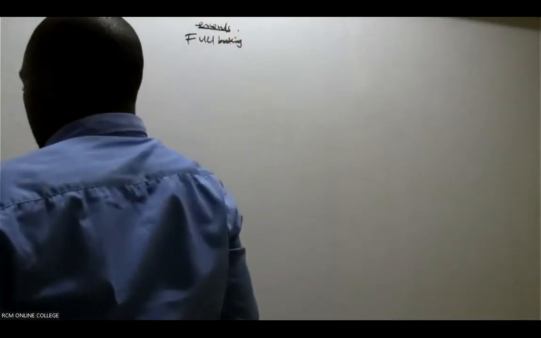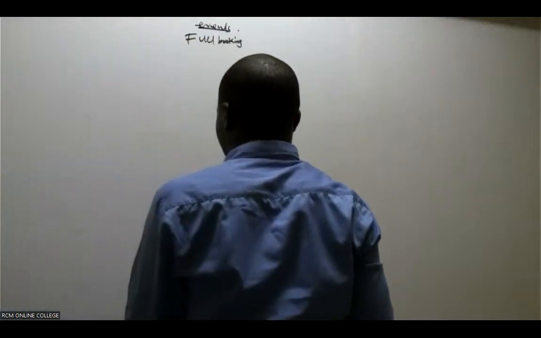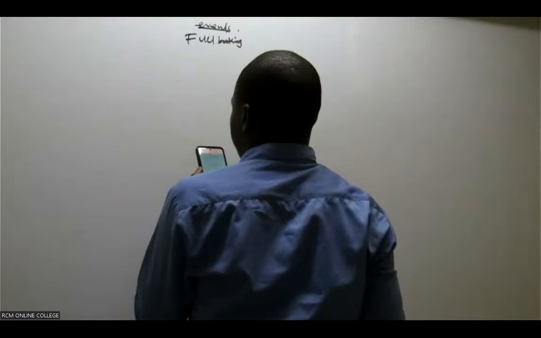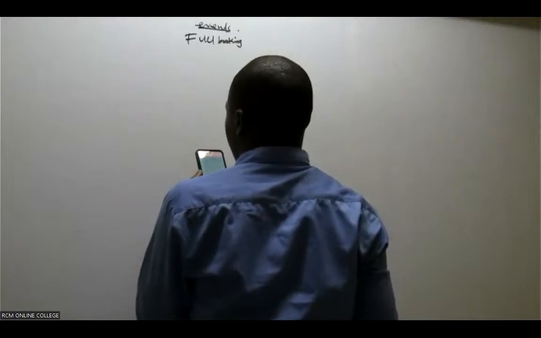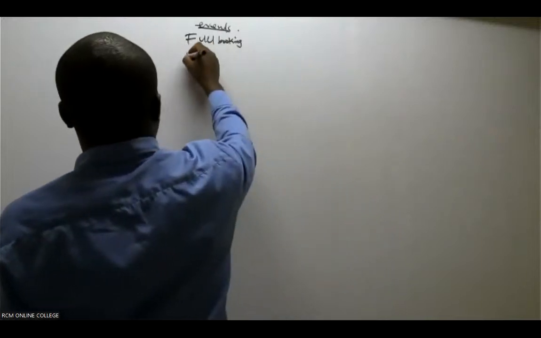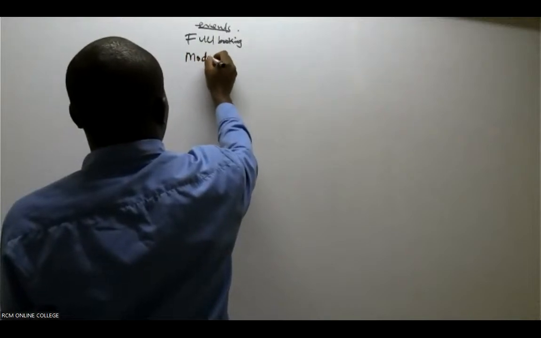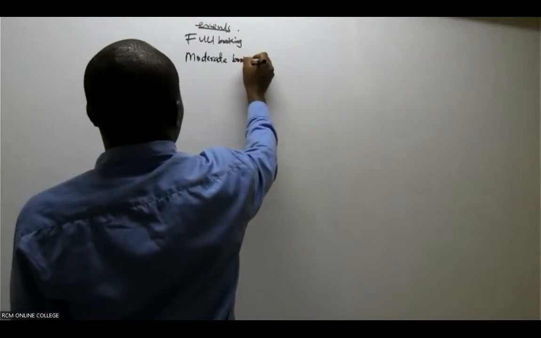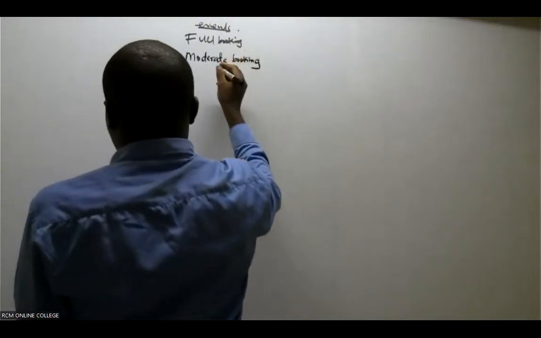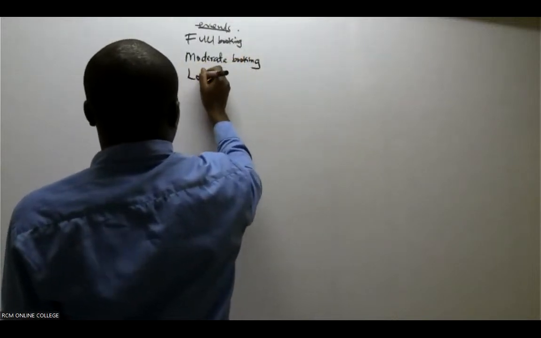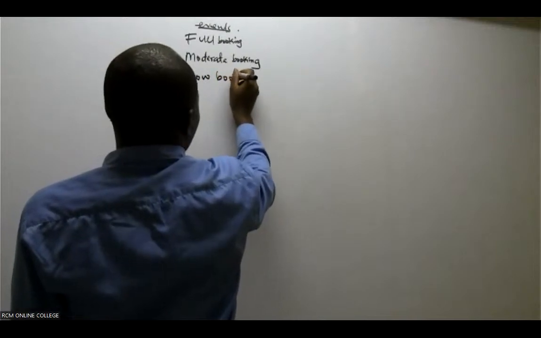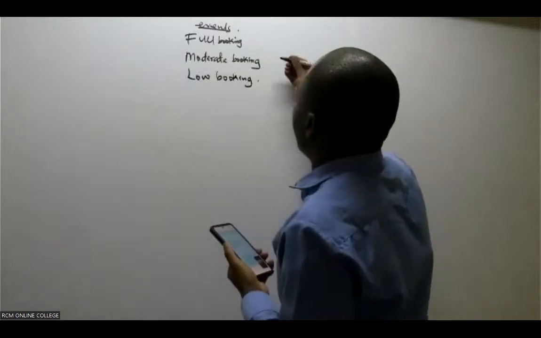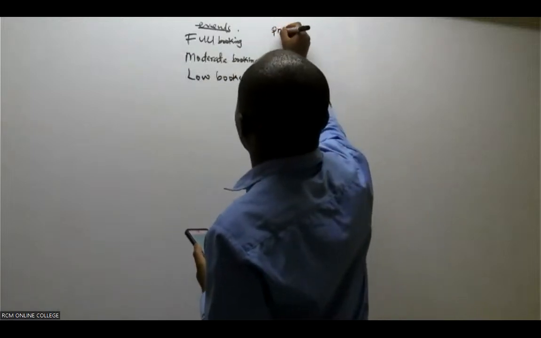We have moderate booking. And then we have low booking. Probability is given to us.